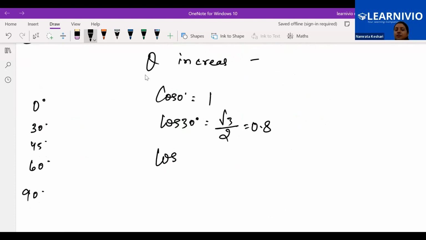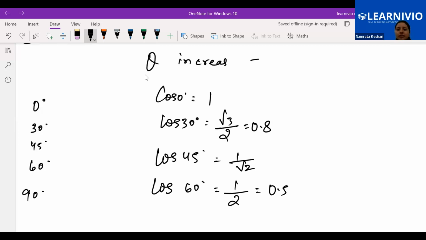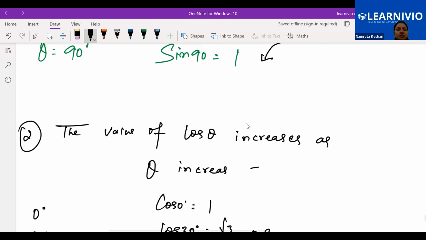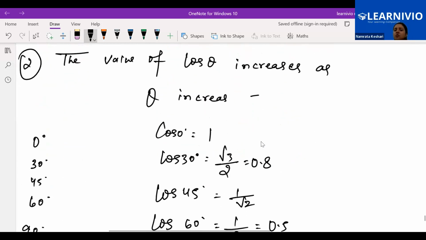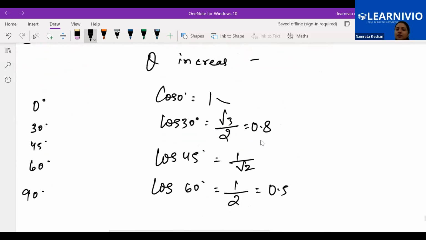Then cos 45, we don't know, 1 by root 2, we don't want to calculate. Cos 60, 1 by 2. Root 2 value is directly 1.414, root 3 value is 1.7. If you don't want to do this, you can leave it and check the others. So yes, it is decreasing.